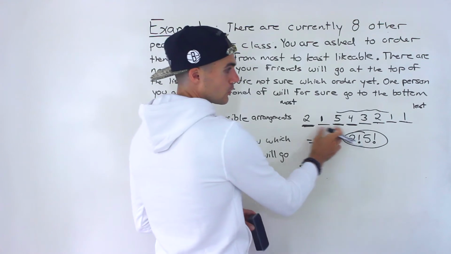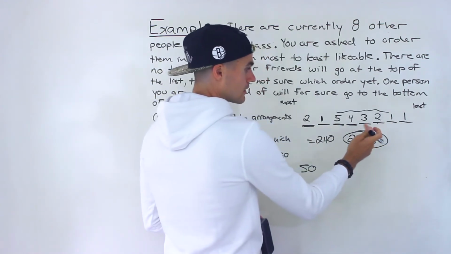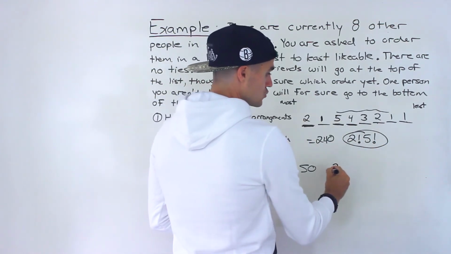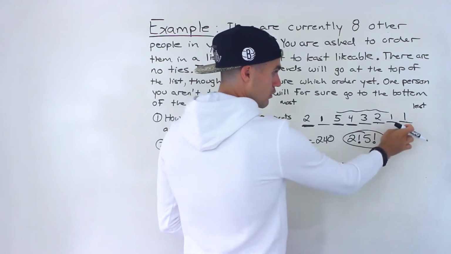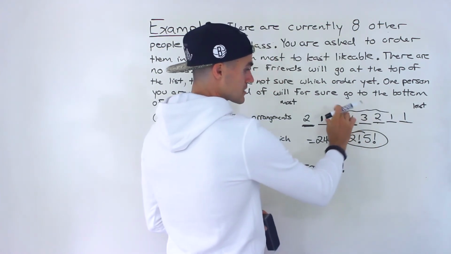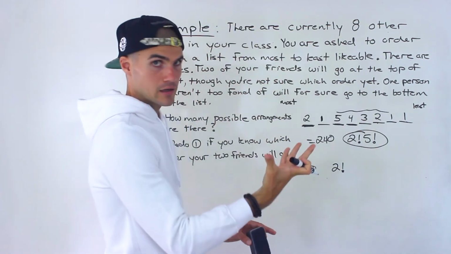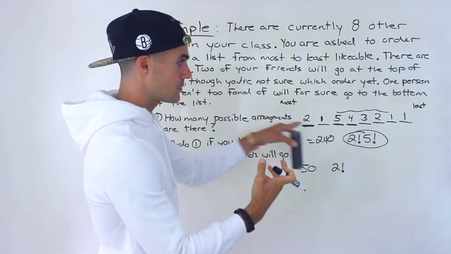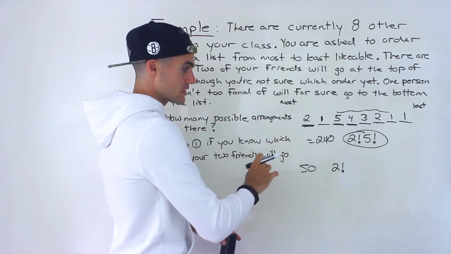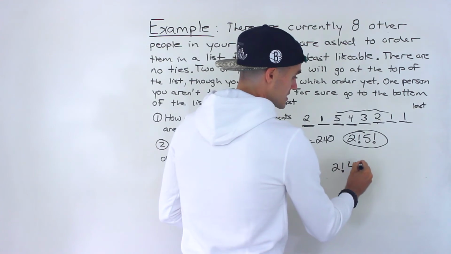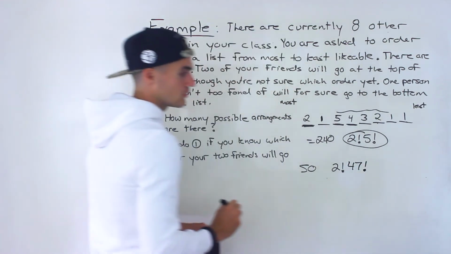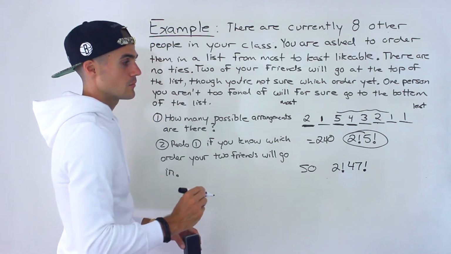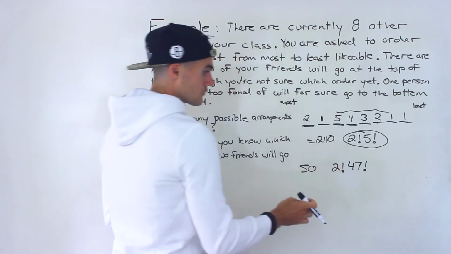Your 2 friends are going to go here, that one person is going to go at the end. So this would still be 2 factorial. This one is taken care of, so that means out of the 50, how many more people do we have to order? 47. So this would end up being 47 factorial, which would be a fairly large number. So 2 factorial times 47 factorial.